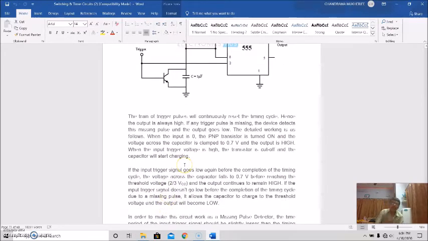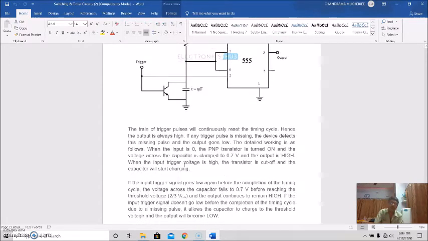When the input is 0, the PNP transistor is turned on, and the voltage across the capacitor, which is given as a 1 microfarad capacitor here, is clamped to 0.7 volt, and the output is high.